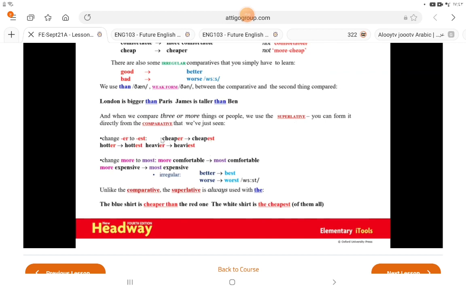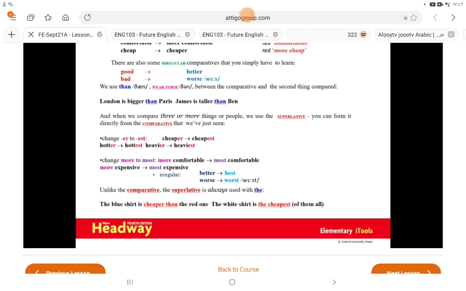Now we're talking about the superlative. When I have more than two things that I'm comparing, I have a group of things. Maybe I have so many flowers and I'm asking you, which flower do you like the best? And you say, this yellow flower is the most beautiful.